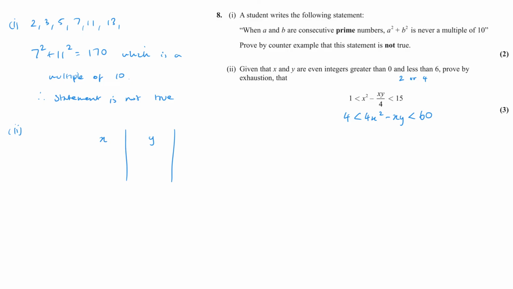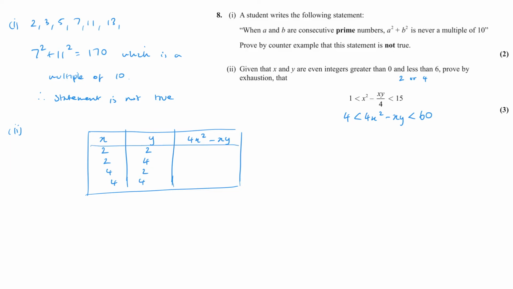So we've got to do by exhaustion, so we've got to do every type. So when they're both 2, when it's 2, 4, 4, 2, and 4, 4. So those are the values we've got to check. And this will be 4x squared minus xy. So that's the table I've got to check.